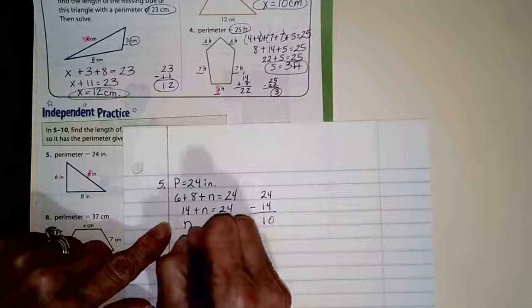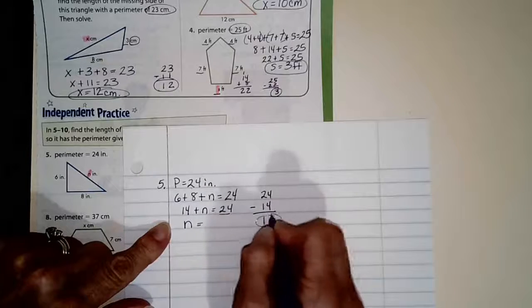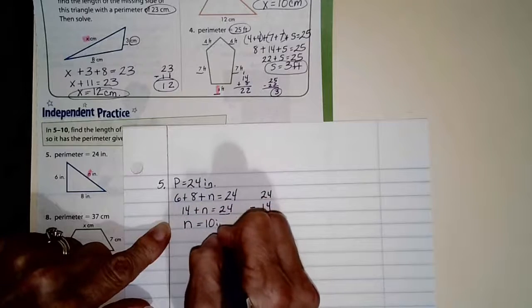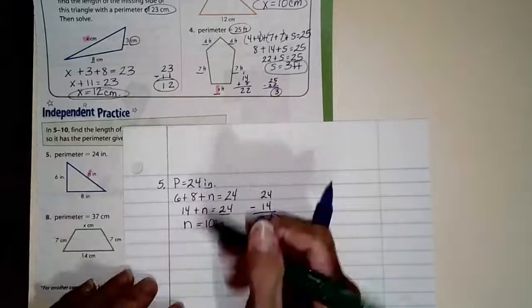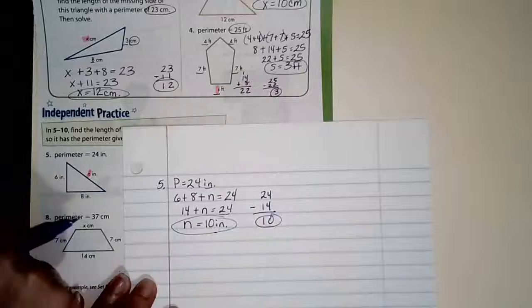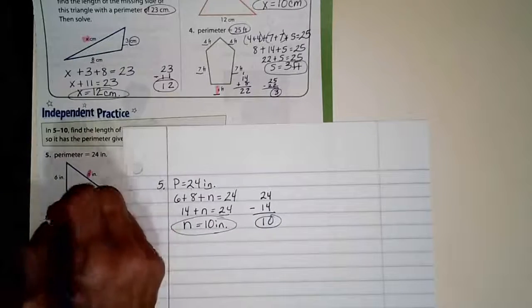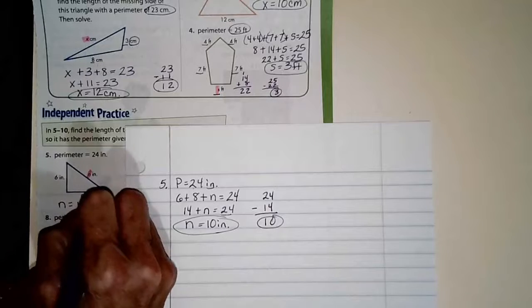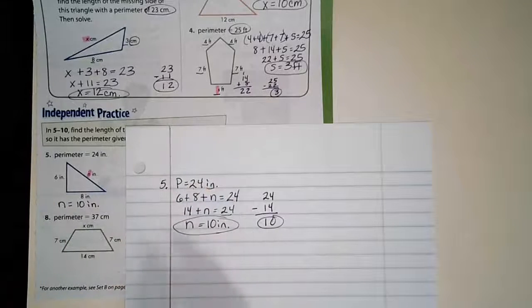So I know that N is equal to 10. And what is my unit of measure? Inches. So for number 5, I'm going to write right here, N equals 10 inches. And we just solved for that side.